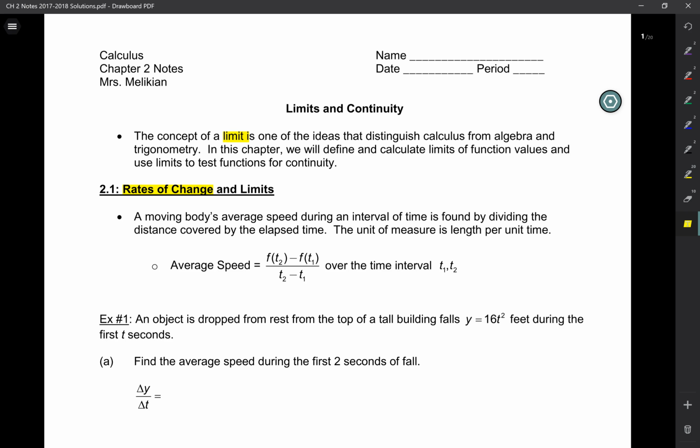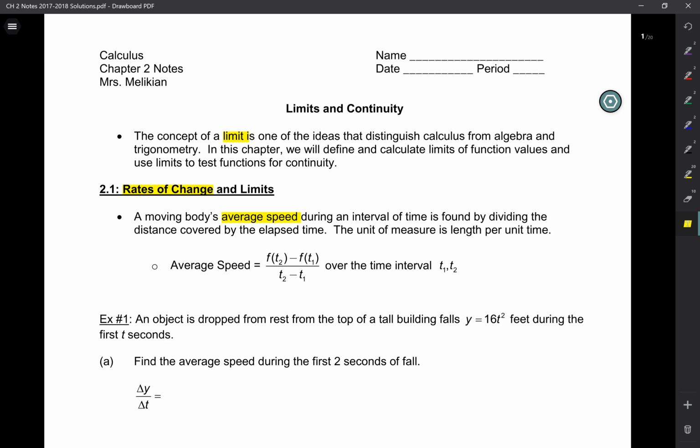Okay? Now, let's talk about average speed. You've talked about speed ever since you were very little, when you learned speed in science and then in math. So how do we define average speed? We define average speed as the total distance covered divided by the total time. So you drive 300 miles and it takes you 4 hours to do it, right? 300 divided by 4, that's on average how fast you were going.